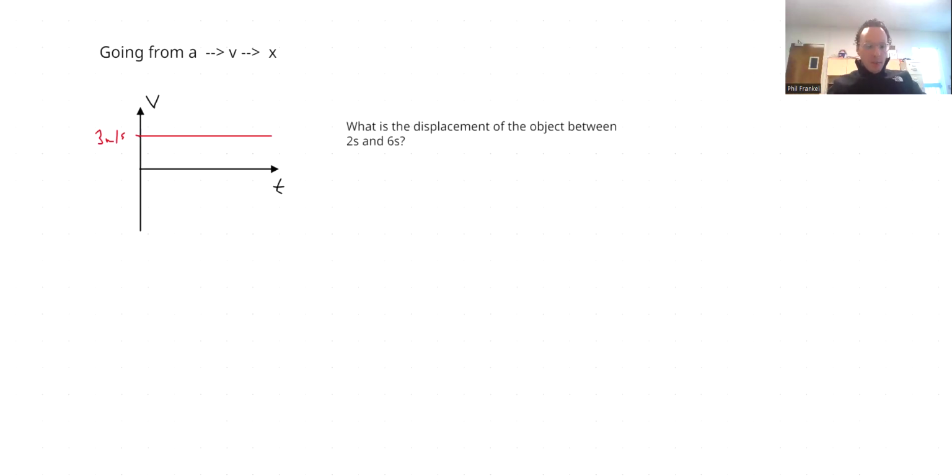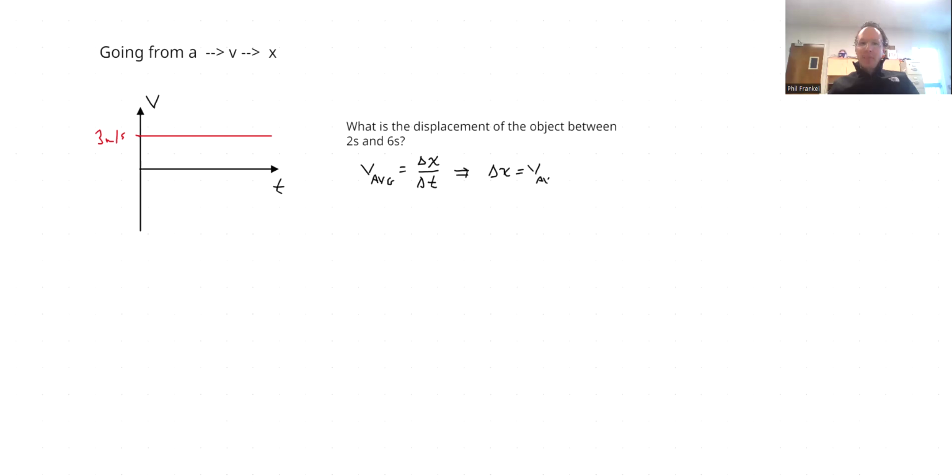Okay, this is a question we actually know how to answer, and the graph need not have anything to do with how we go about doing this. I know that the average velocity of an object is defined as the change in position over the change in time. Therefore, solving for delta x, the change in position is just the average velocity times the change in time.